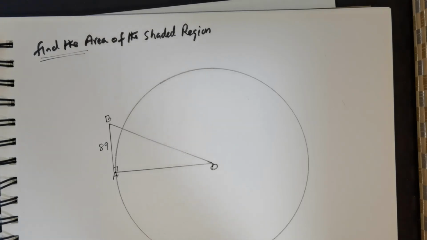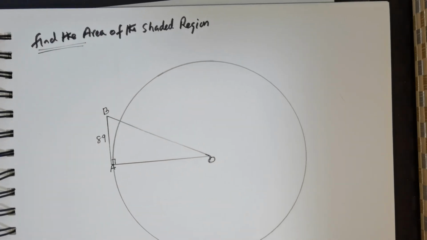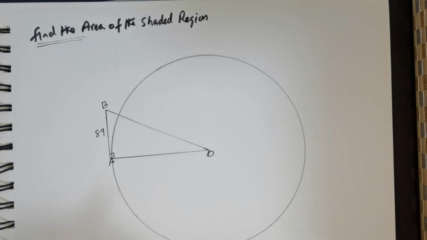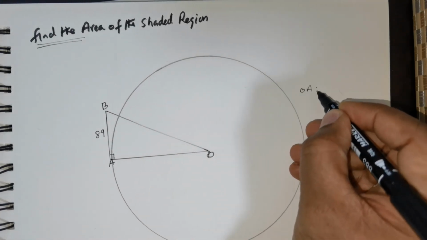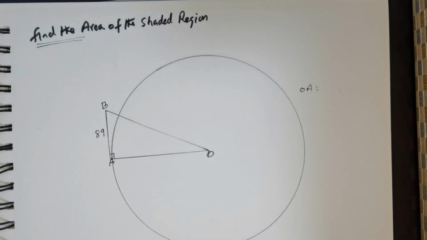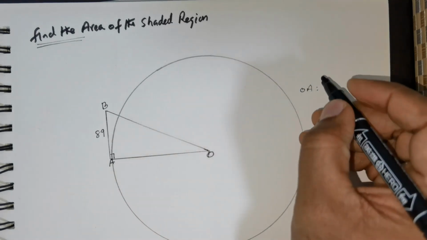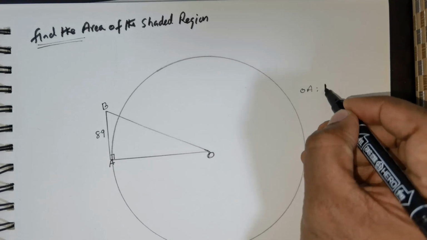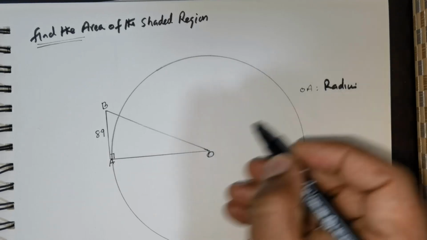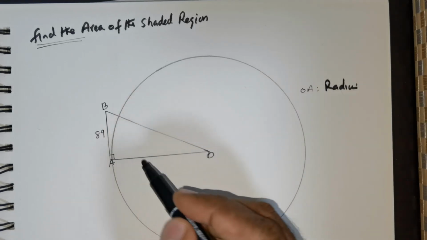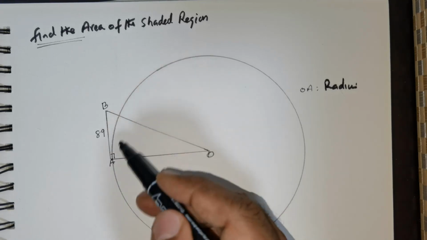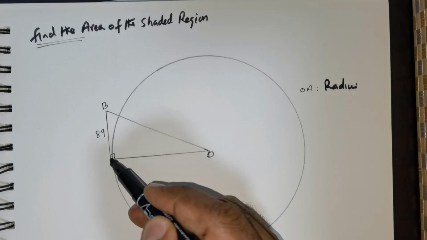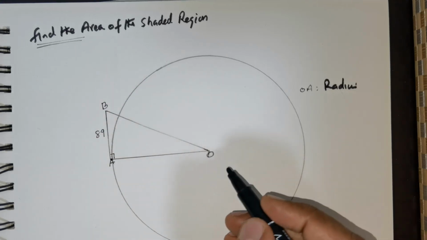Good day everybody, we've been given a beautiful question. We got a circle and OA is given to be the radius of the circle, and if you were to see here, the circle is actually passing through this vertex of the triangle.